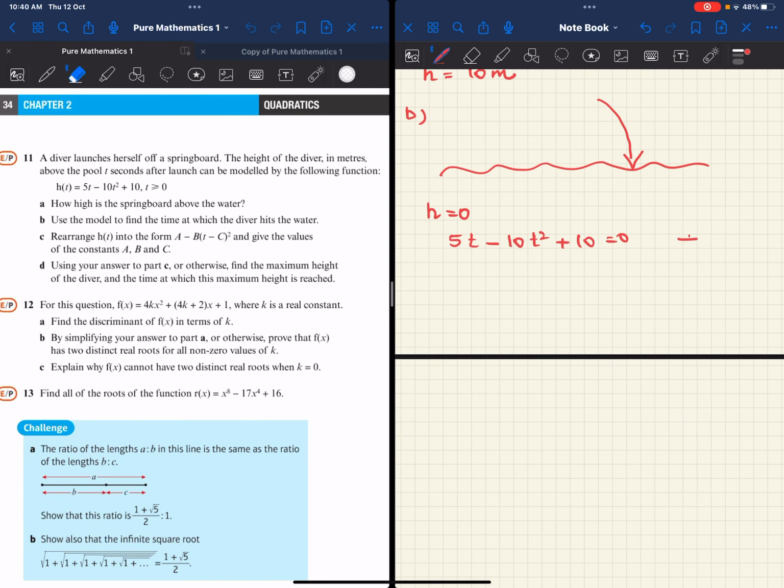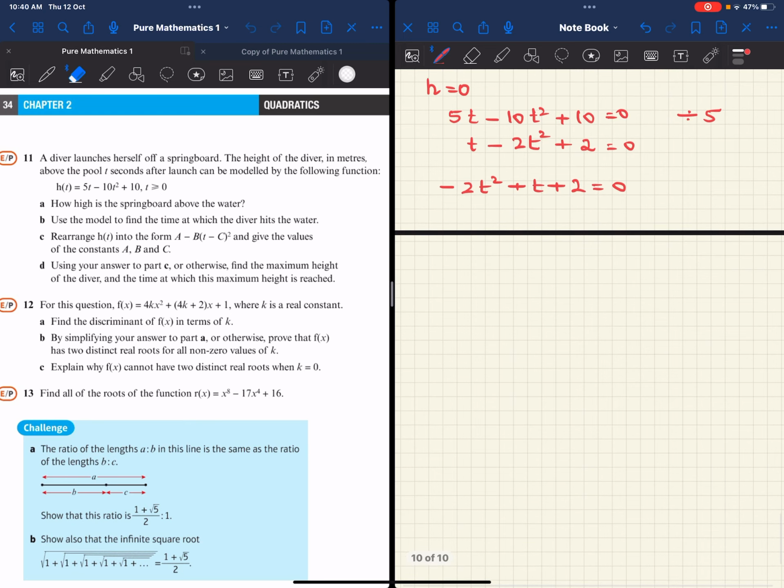We can divide by 5 to simplify this. So we have t minus 2t squared plus 2 is equal to 0. We can rearrange it: minus 2t squared plus t plus 2 is equal to 0. We can solve this equation by using the formula minus b plus or minus square root of b squared minus 4ac, all divided by 2a.